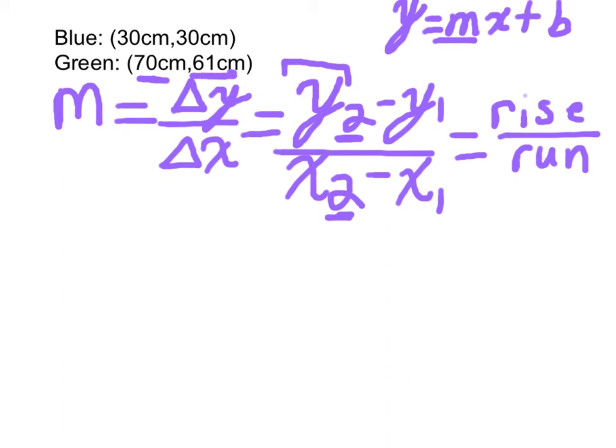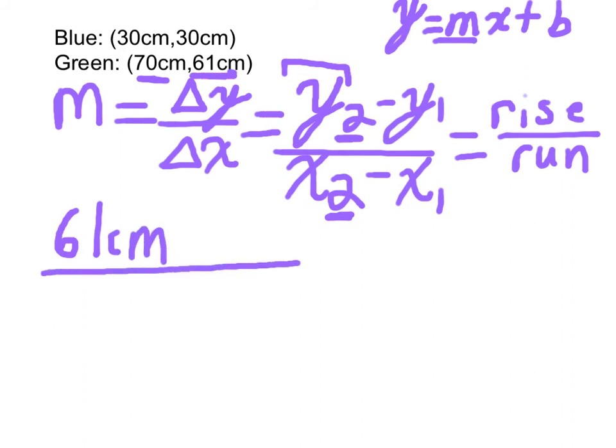If I pick blue, I'll get a negative number divided by a negative number. The math-minded people can probably see that pretty quickly. If you don't, it's not that important. Just know it doesn't matter which point you pick, as long as whichever one you use for y2, you also use for x2. So let's do that. I'm going to use the green point, the green lines we drew on the last one, for coordinate 2, just so I can keep all the numbers positive. It's usually less confusing for people. So the green y coordinate is 61 centimeters. The green x coordinate is 70 centimeters.